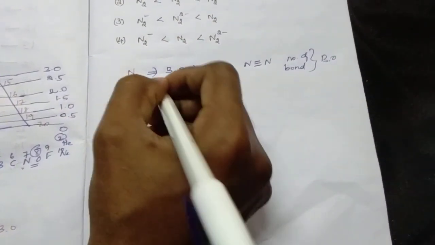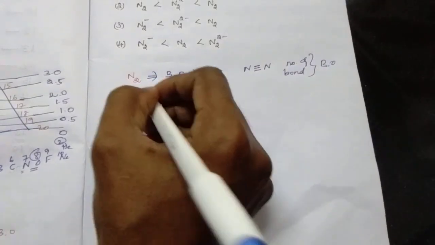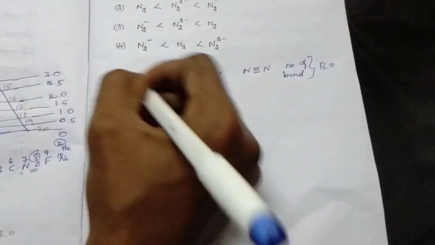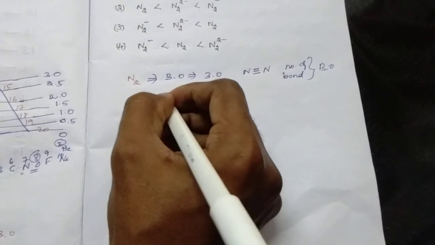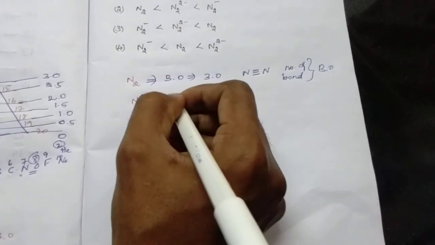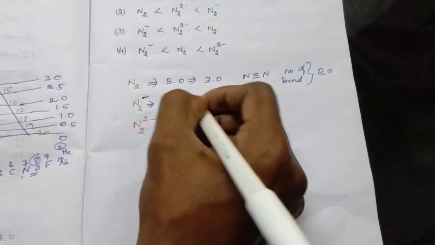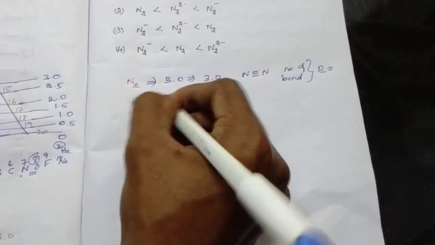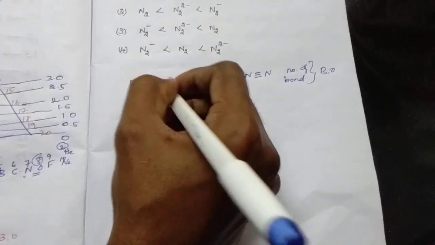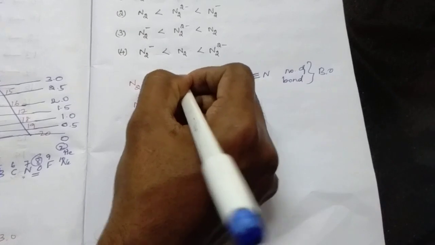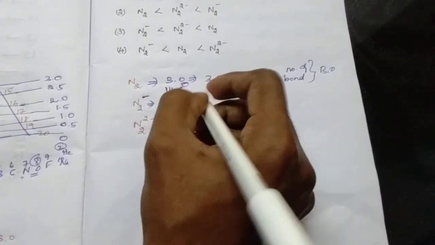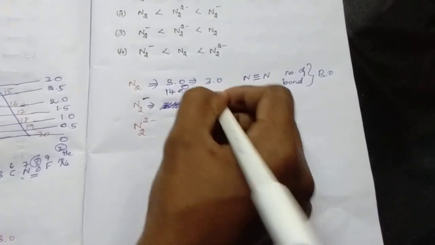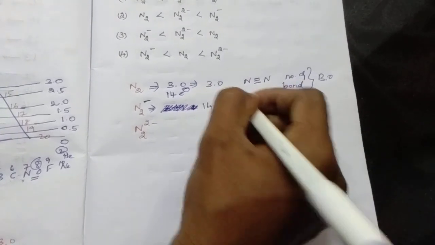Then we can calculate N2 minus. For the neutral species it is 3; this is a negative species, so we add 1 electron. For nitrogen, it is a 14 electron system, so 14 plus 1 electron gives a 15 electron species.